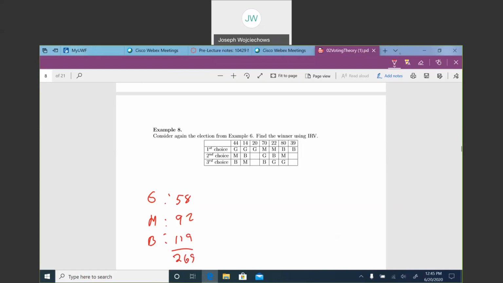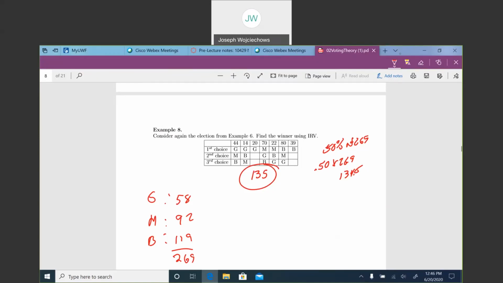That's 150, 269, and 50% of 269 is 0.50 times 269, which is 134.5. So we need 135 votes to have a majority, and nobody has them.